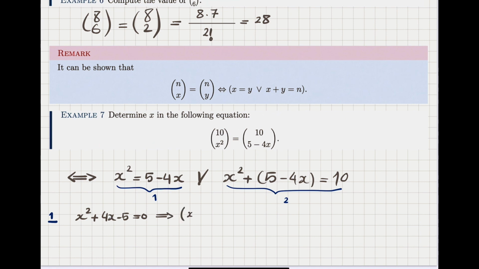I need two numbers whose sum is 4 and the product is negative 5. What are they? These are two numbers, yes? So it being equal to 0 then gives me x equal to minus 5 or x equal to 1. But are both of them acceptable? Yes or no? Just talk to me.